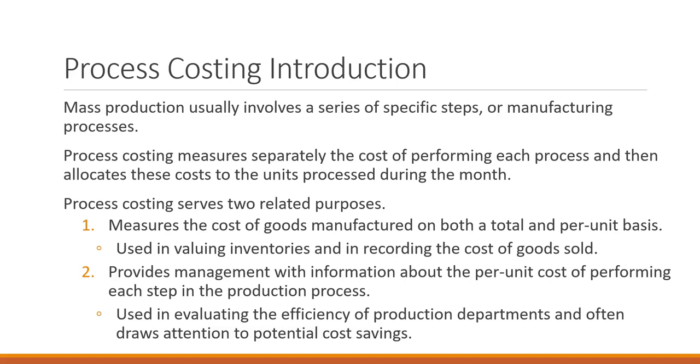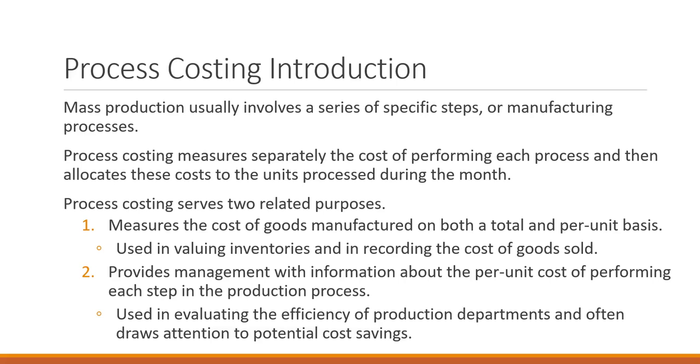We measure the cost of goods manufactured in total and on a per unit basis. Remember, when we have our cost of goods manufactured, that's the amount that we use for valuing our work in process and finished goods inventory. And then the cost that our products cost gets recorded in cost of goods sold when we sell that product.